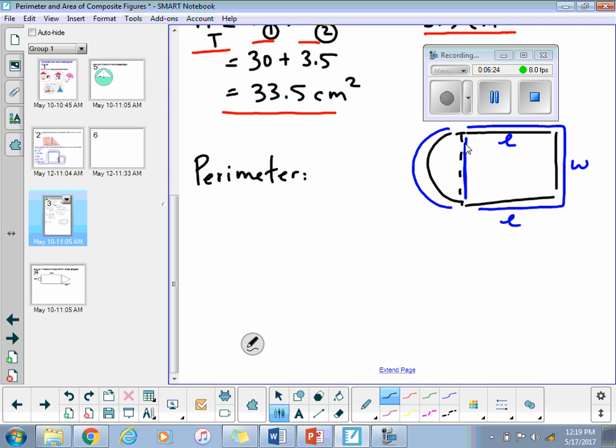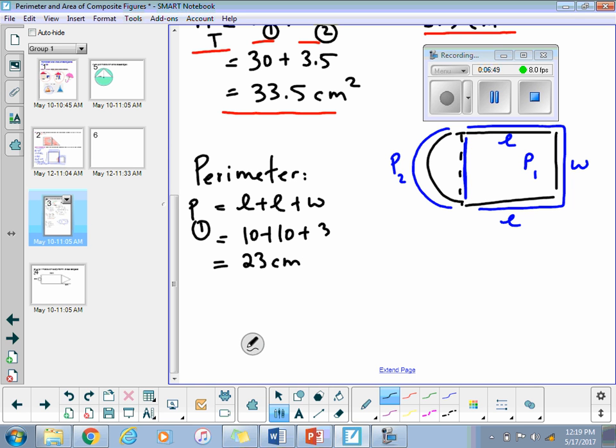So to calculate our P1, we'll call this section our P1, we'll call this section our P2. To calculate our P1, okay, we know that it's going to be the length plus the width, right? And that adds up to 10 plus 3, giving us a total of 23 centimeters.